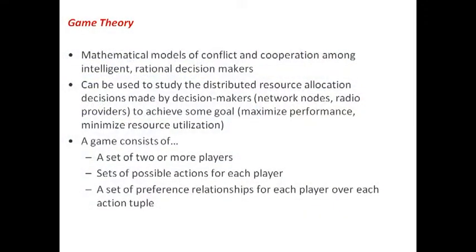So anyway, game theory models conflict and cooperation among rational players. So in problems where there's autonomy, it's a resource management problem where different entities, and again, you can think about mobile radios, or you can think about base stations being the entities. Doesn't matter. It's just that the entities have autonomy in the decisions that they make.